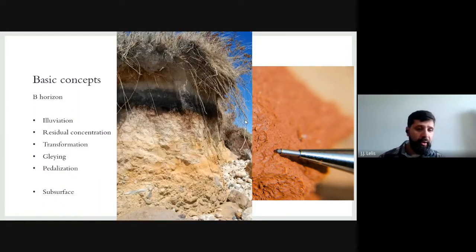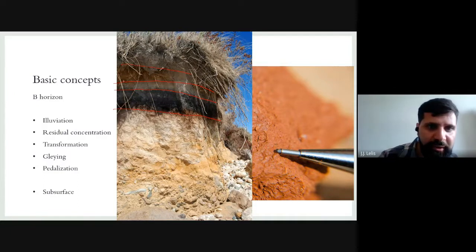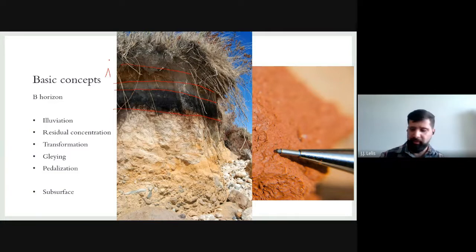You can also eluviate organic matter, and you can create an organic-rich horizon in the subsurface, like this one. Here we can identify some horizons, like this orange or yellow horizon. We have the surface here, and we have another horizon here, and here, and here.